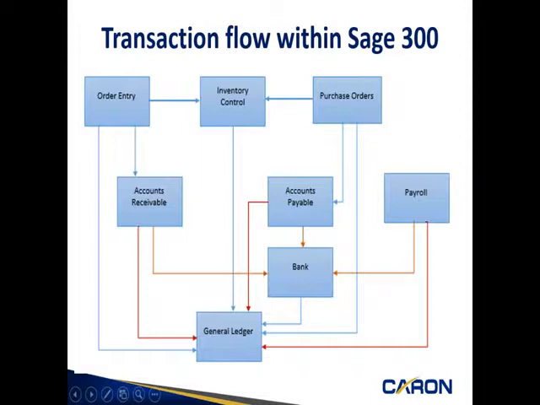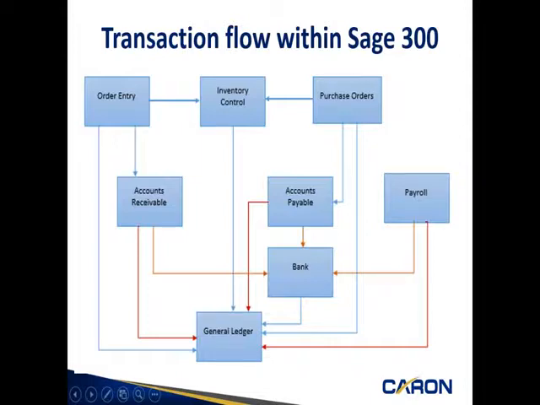Then the core, the general ledger. In between the financials, the receivables and payables, is something called bank. Now the bank is almost like a subledger module. And then I included at the end the general ledger.